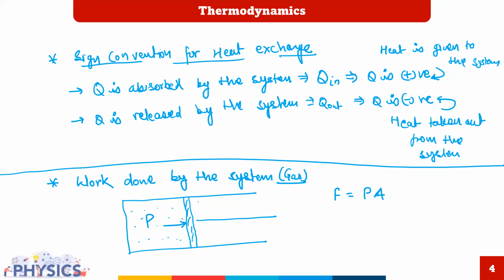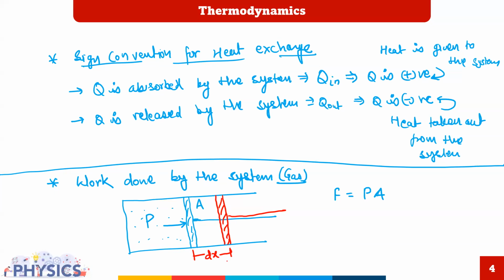So I'm going to assume the cross-sectional area of this piston is A. The gas will try to expand and it is going to push the piston. Suppose the piston has moved from this initial position to this final position. Piston has moved up to this point. This distance I'm going to assume as dx.